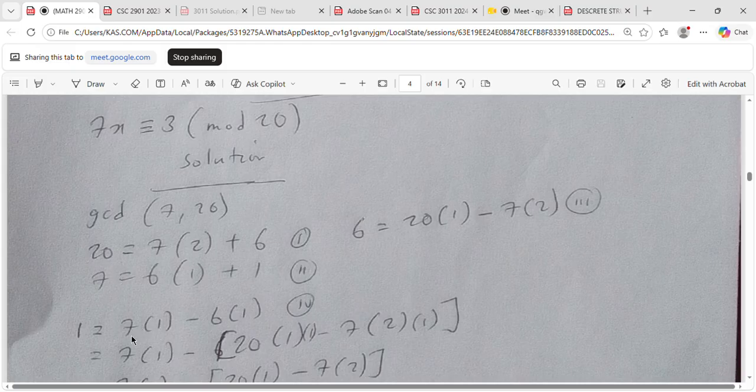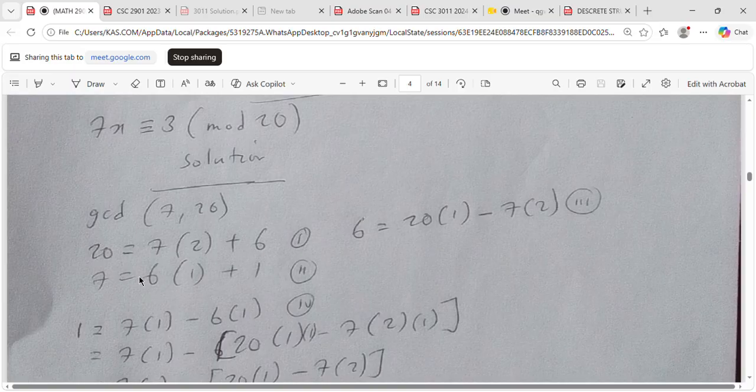Remember this one is positive, so 6 will go to this side and become negative. And this one as well: 6 is the remainder, so make 6 the subject of the formula, equals 20 times 1, then this 7 will go to the other side and become negative, times 2.